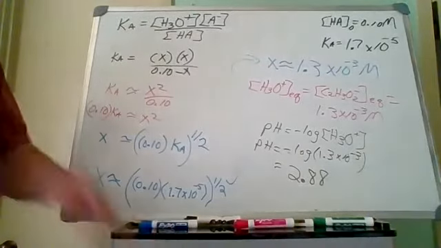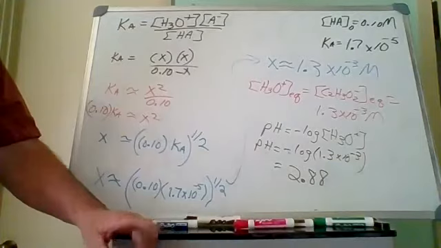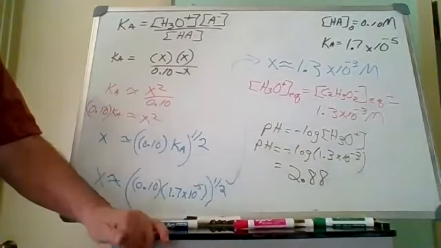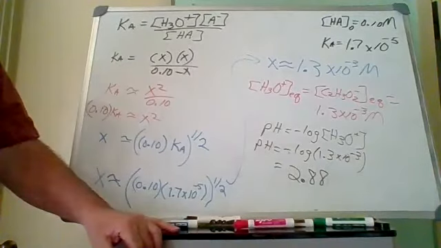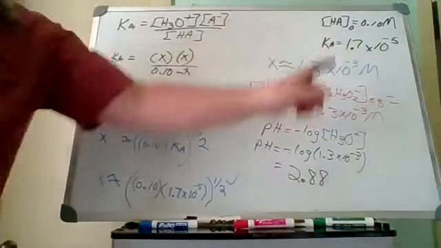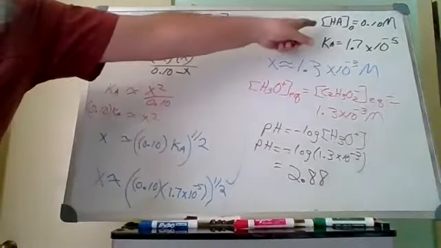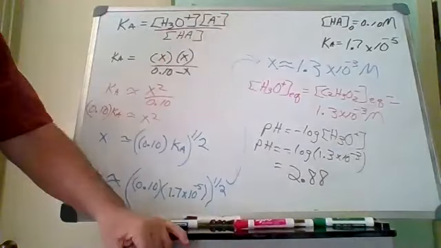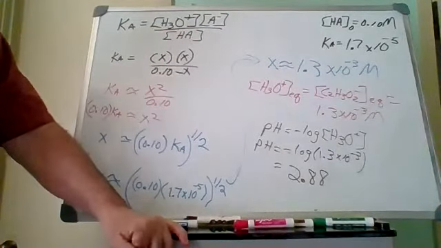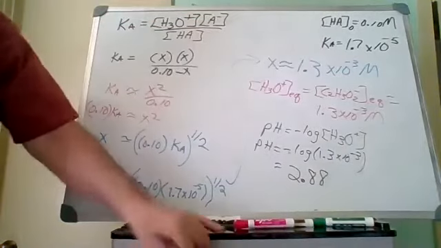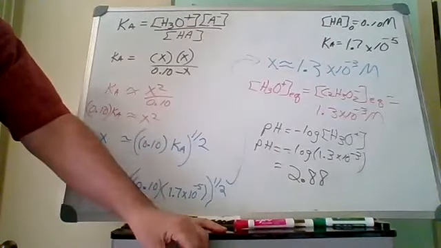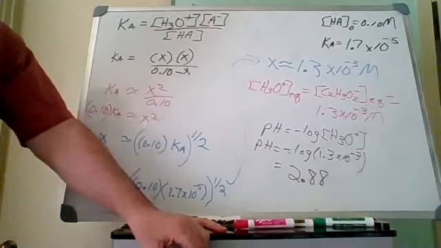The next line in parentheses tells us when we can do that. It can be shown, although they don't show us, that this simplifying approximation gives an error of less than 5% if the concentration of the acid Ca, the starting concentration, 0.1 molar in this case, divided by Ka equals 100 or more.